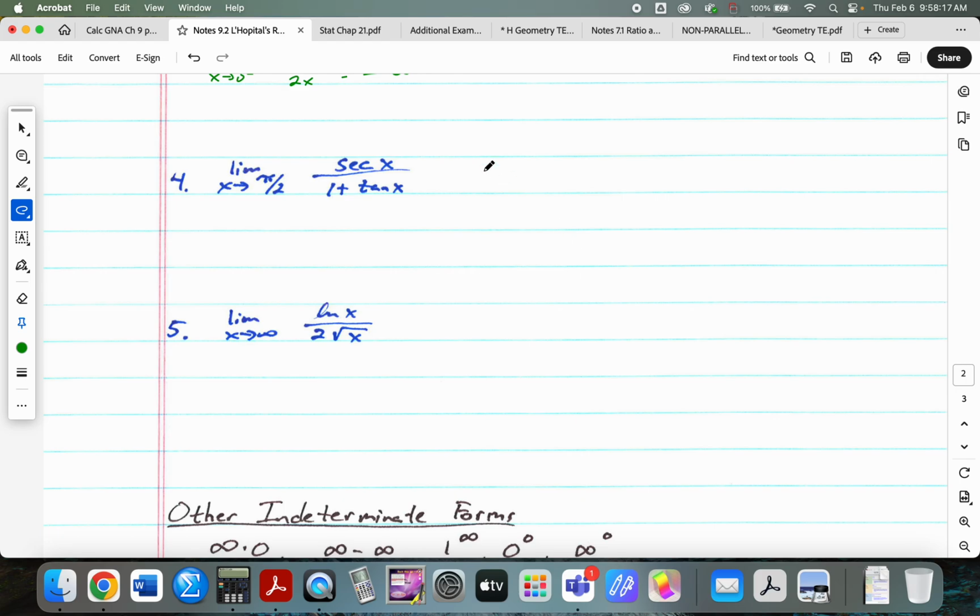So that's going to be going to something infinite. All right, so the limit as x goes to pi over 2 of secant of x is going to be, depending on which side you're coming from, either plus or minus infinity.